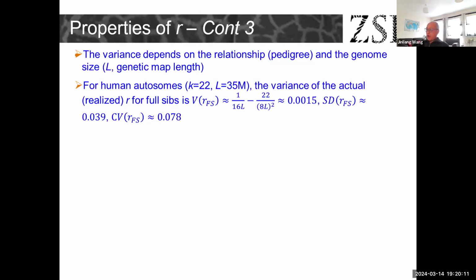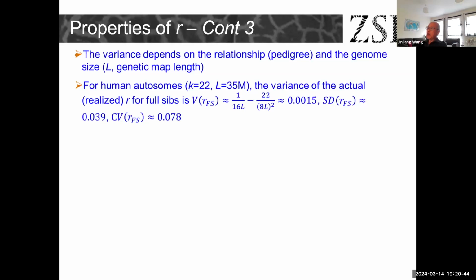So there is a variance around the expected value, depending on the relationship we are talking about. It also depends on the genome size and the structure. For humans, we have 22 autosomes, and the average map length between males and females, by the way, males and females have different map lengths, the average value is 35 Morgans.